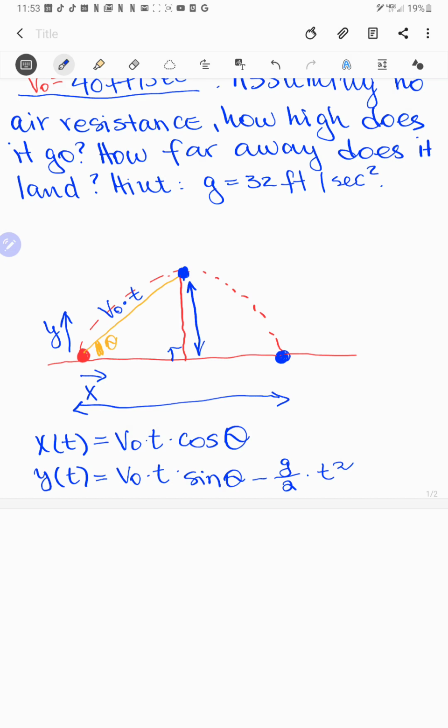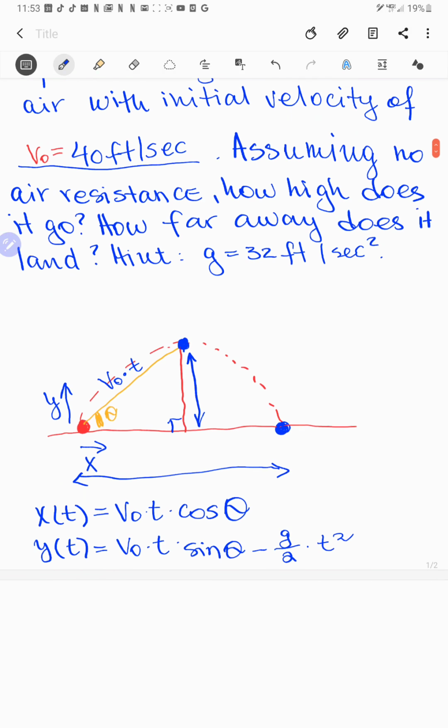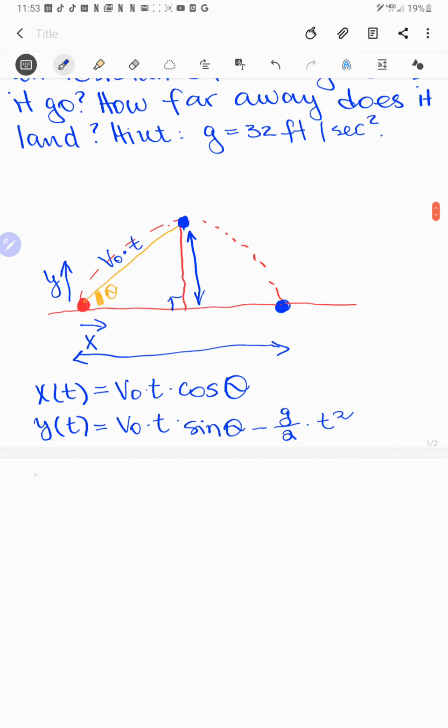And now, based on the numbers that we were given in this question, we can compute that x of t would be 40 times t times cosine of 45 degrees, which is square root of 2 over 2.